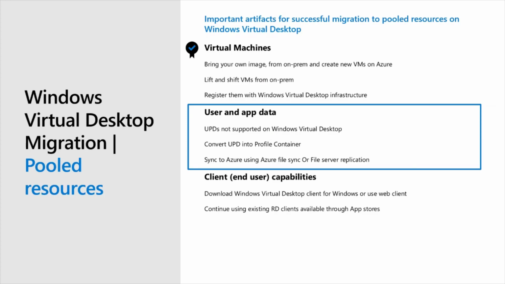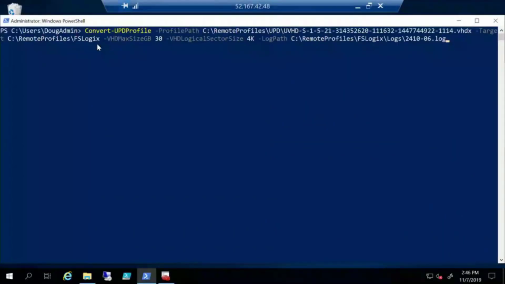So it could be if you have an existing VDI infrastructure that you currently use, roaming profiles or any other roaming profile UPD technology. So we have obviously a solution for that as well. And as you can see here, this is the PowerShell phrase. We have a PowerShell module available that you can download. So you can find it on my blog as well.